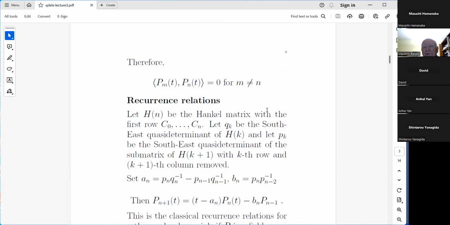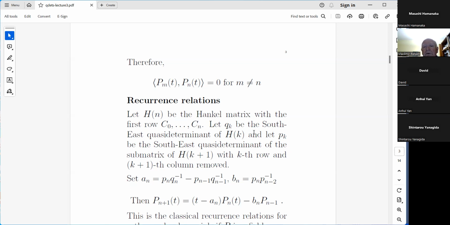They depend on Hankel matrices defined by those moments. In the first row you have c naught through c n, then the next row starts with c1, c2, and so on up to c n plus 1.